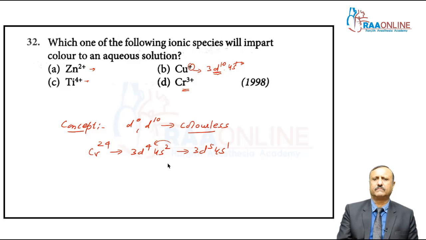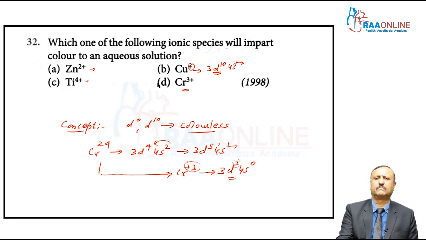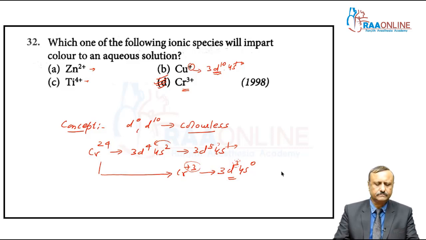My dear students, when chromium is converted to chromium plus 3 ion, 3 electrons are removed, 1 electron from the 4s and 2 electrons from the 3d, and you get 3d3, 4s0. In this way 3 electrons are present in d orbitals. So chromium plus 3 shows color in aqueous solution. So you can go to answer D, question number 32.